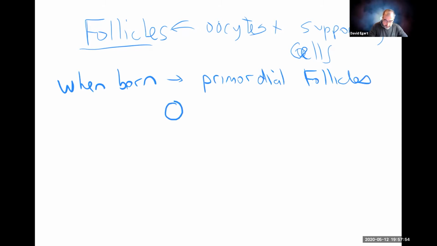It's basically a primary oocyte, the oocyte that has committed into meiosis but is now stalled out. Then there are flattened cells around it, called follicular cells.